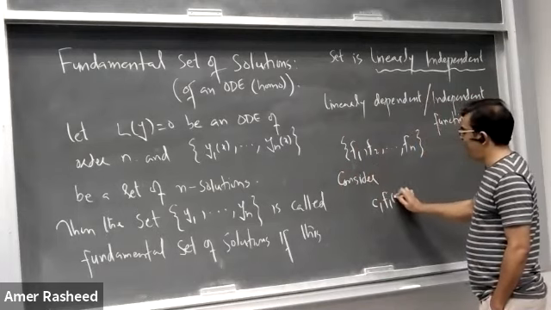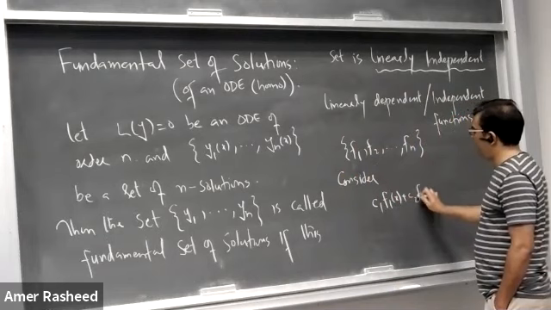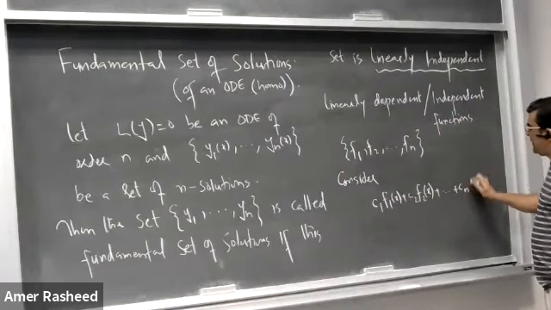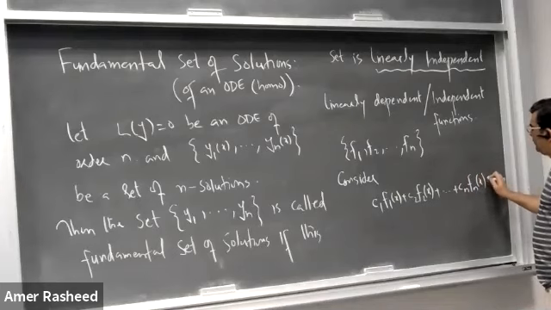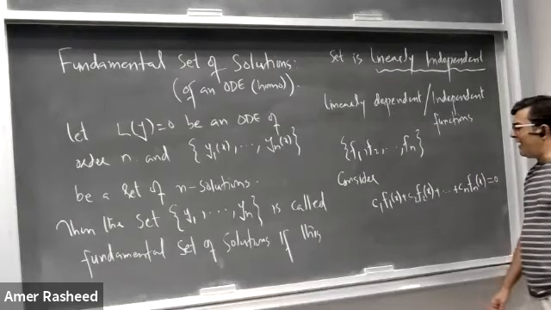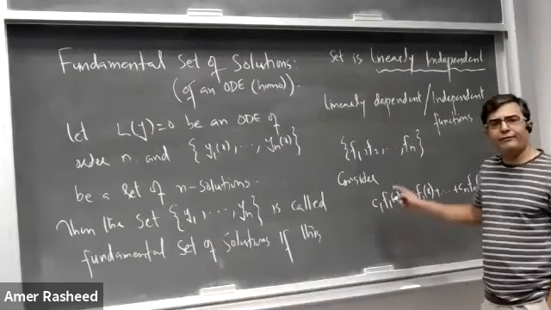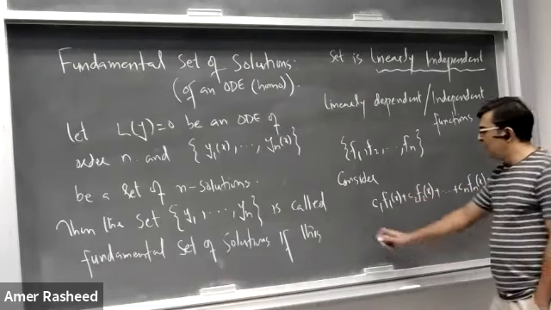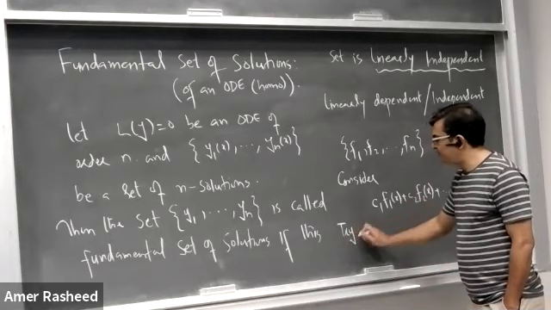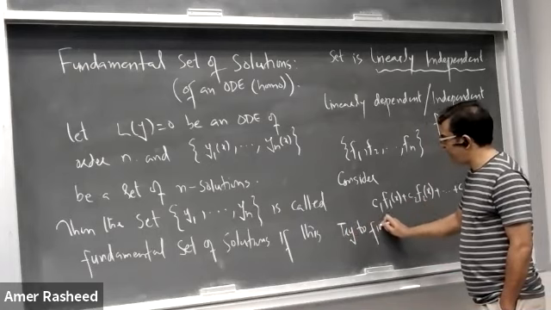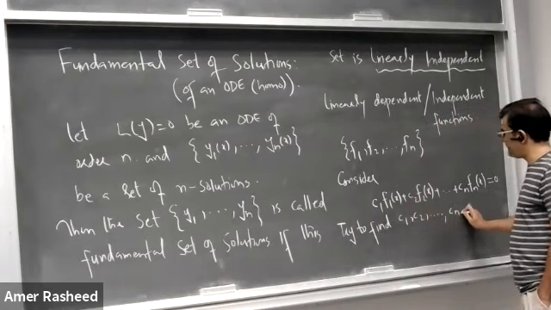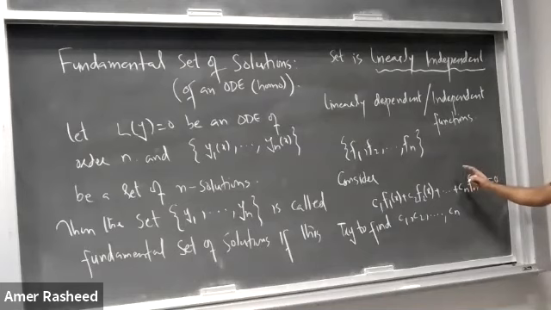C1 f1 of x plus C2 f2 of x plus so on plus Cn fn of x, and we put this expression equal to 0. And we try to find these constants C1, C2, Cn out of this equation.